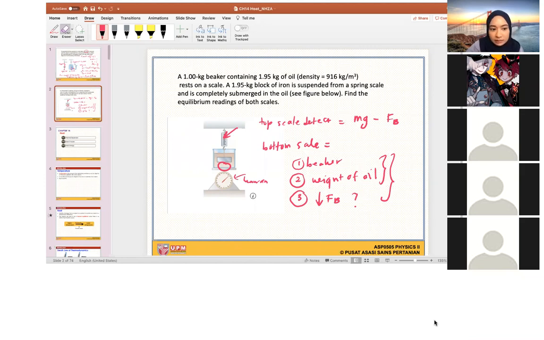Siapa lagi seorang tak ada? Nurhan ada sini tak? Hai Nurhan, saja nak cek awak. Siapa lagi tak ada? Saya tak perasan. Susahlah nak cek. Okay, tak apalah. Nantilah saya cek balik semula.